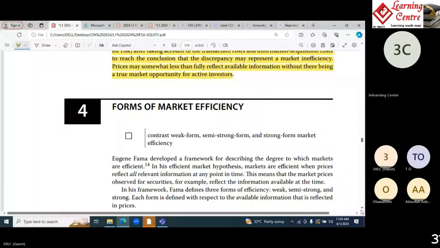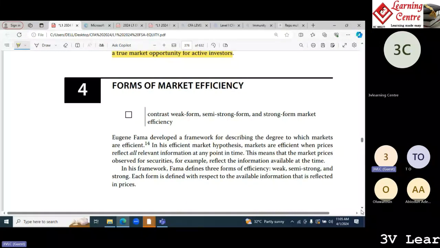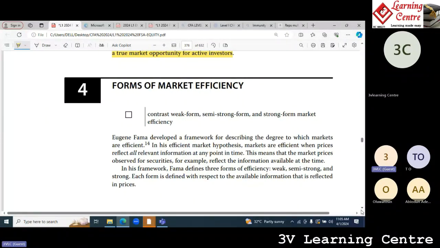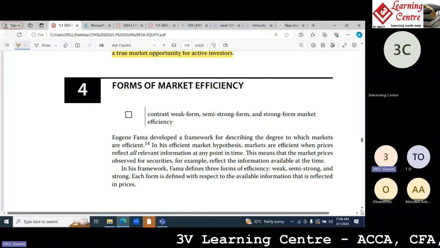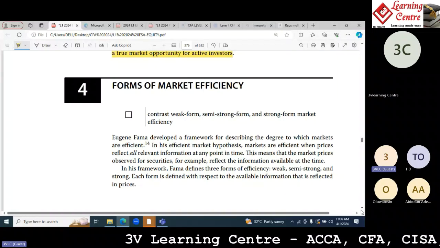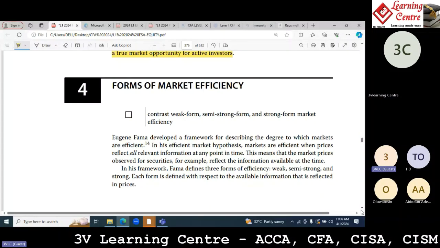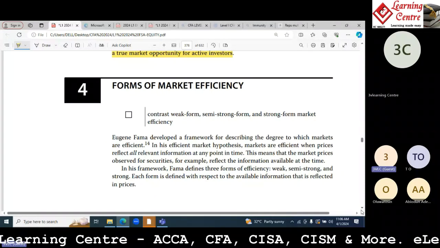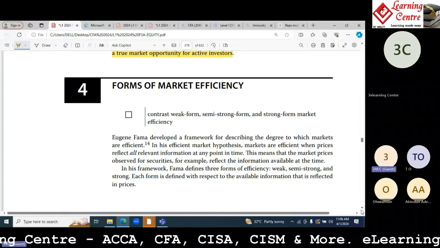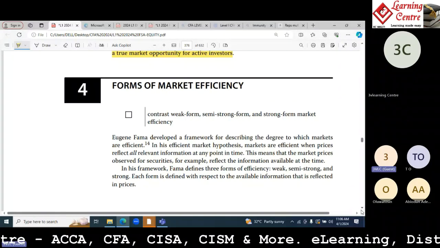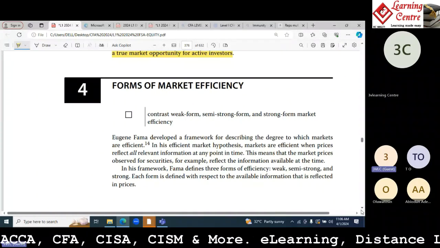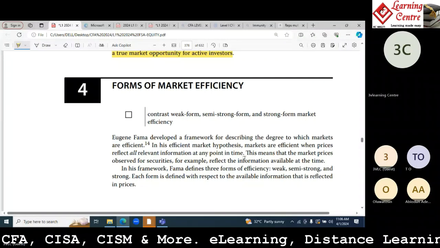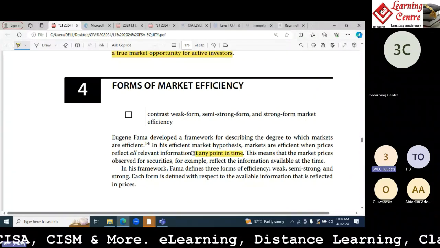Okay, moving on. Forms of market efficiency. There's a man called Eugene Fama. He was the one that developed a framework for describing the degree to which markets are efficient. In his efficient market hypothesis, markets are efficient when prices reflect all relevant information at a point in time. Keyword, at a point in time.